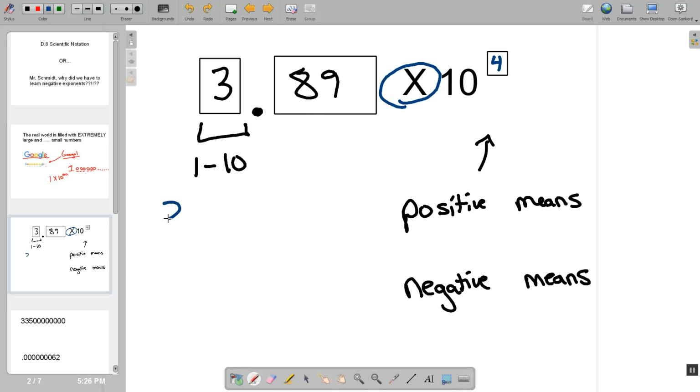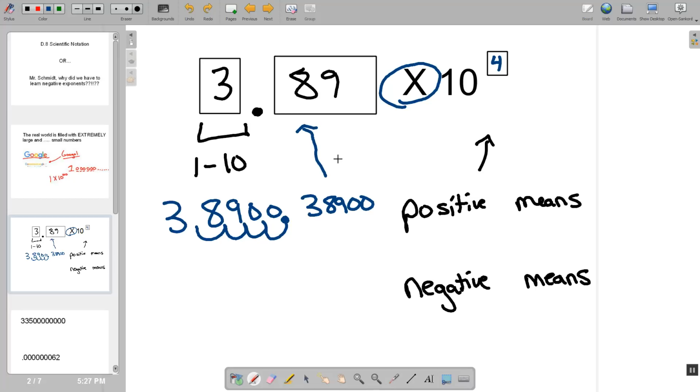We take the number 3 and 89 hundredths, and because we're multiplying it times 10,000, we go 1, 2, 3, 4. Decimal point's now here, and these numbers are now zeros. So this ends up being the same thing as this number. 38,900 is the same as 3.89 times 10 to the 4th.